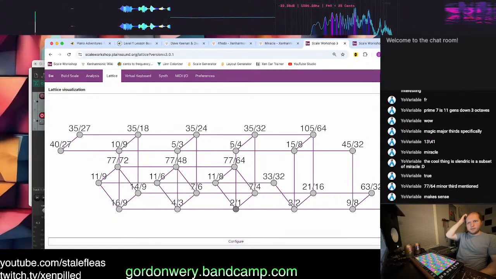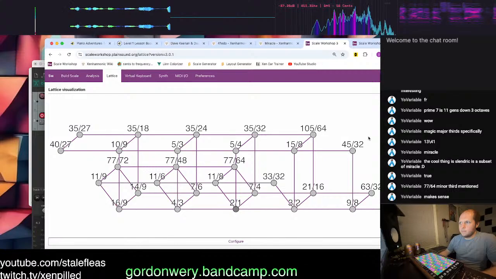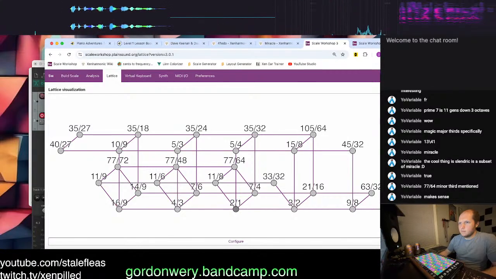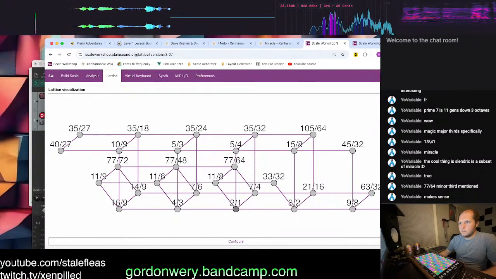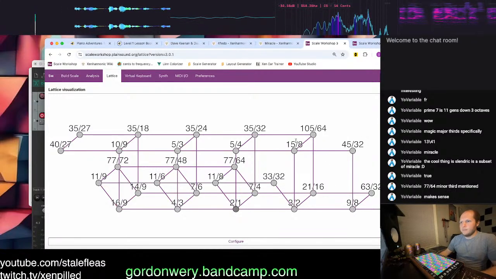So this would not be primodality, which I guess is a more modern approach to JI. Not that this is outdated or no longer valid. Doing JI this way is great. But primodality would be a different way to do JI.